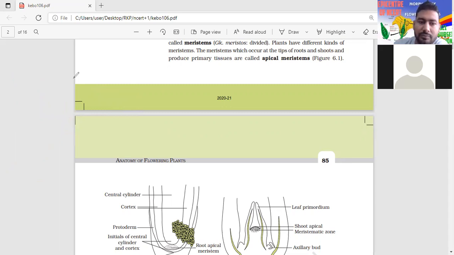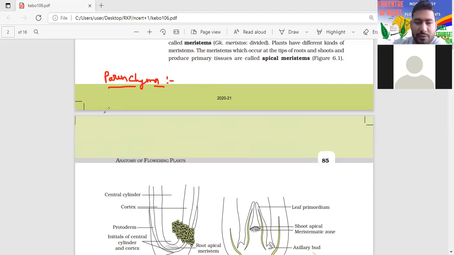Now the simple permanent tissue is again classified into three different types on the basis of shape and function. First one is the parenchyma tissue. What are the features of parenchyma? Feature number one. This is the parenchyma, a permanent tissue.